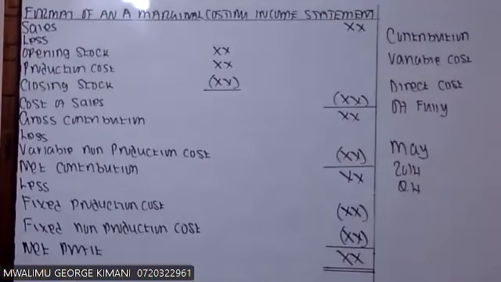The question says, PQR Limited is a manufacturer of sports shoes. The company uses a standard costing system. The standard cost per pair of sports shoes is as follows: direct materials, direct labor 4 hours at 60 per hour, production overheads 4 hours at 30 per hour, fixed.